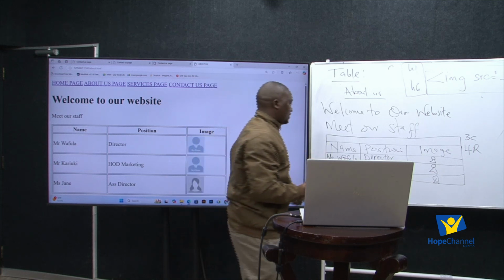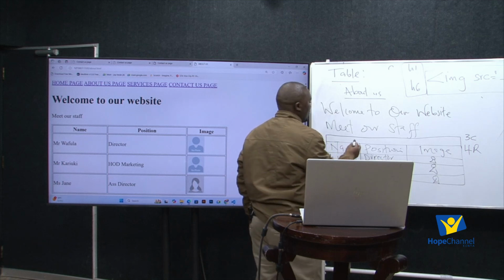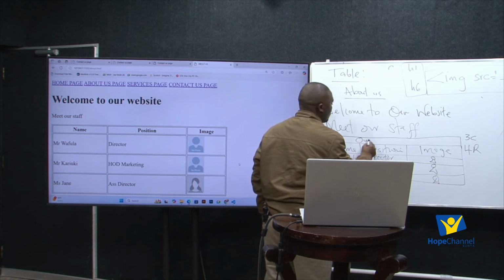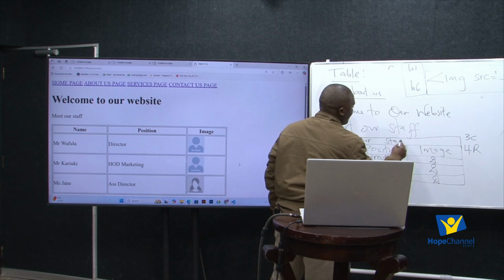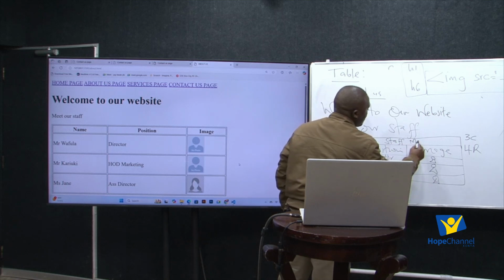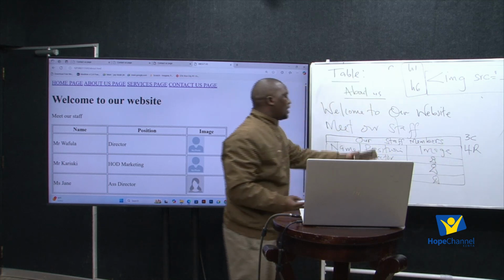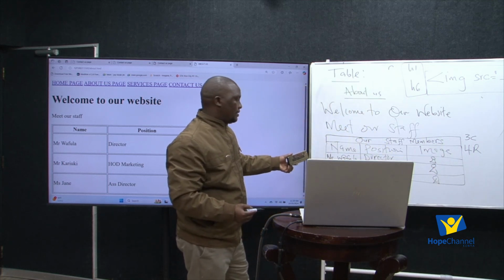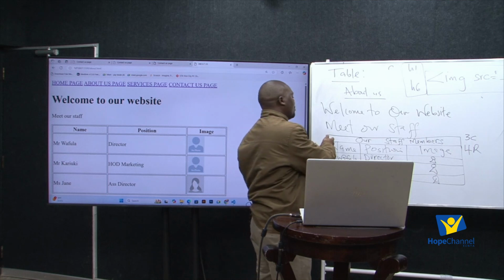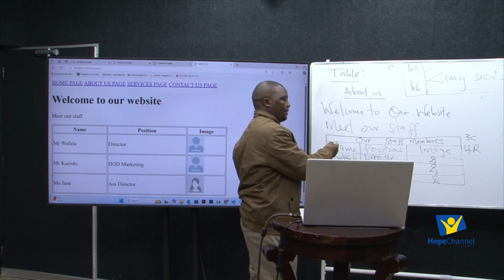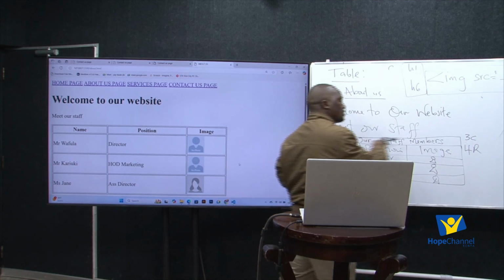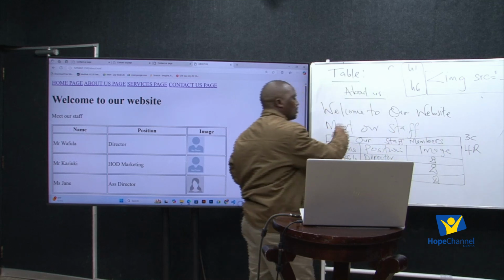For this case, you can have something like our staff members. That is one table data of a table heading that is going across several columns.